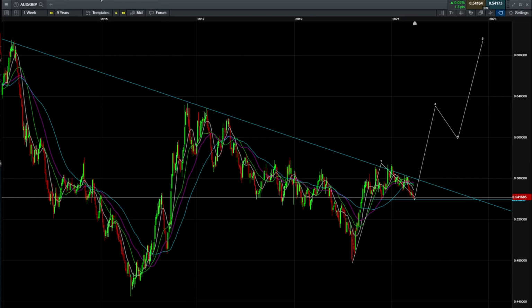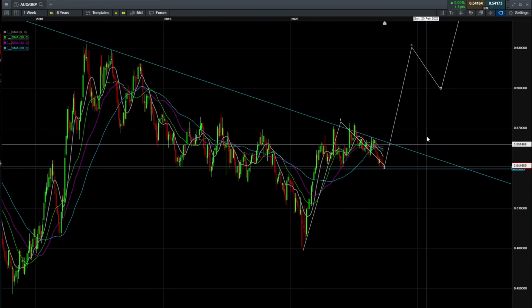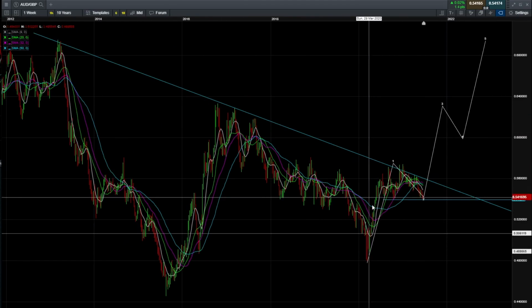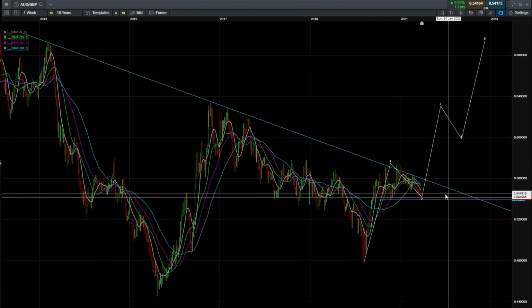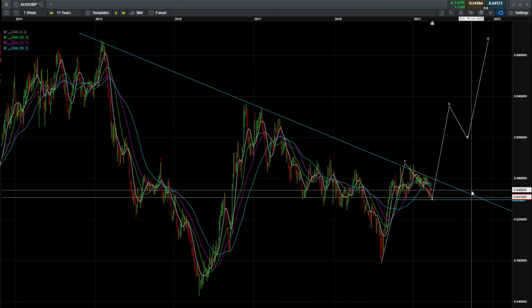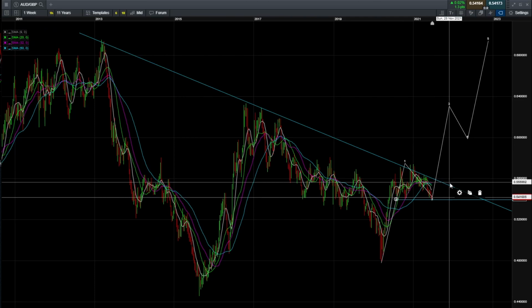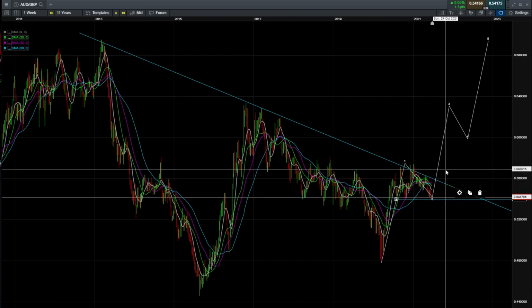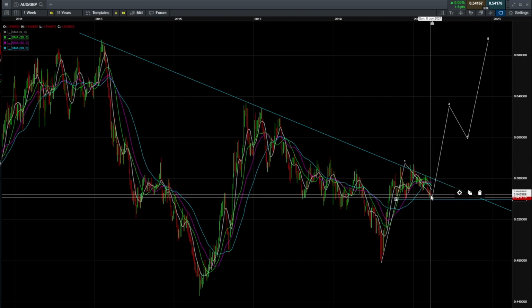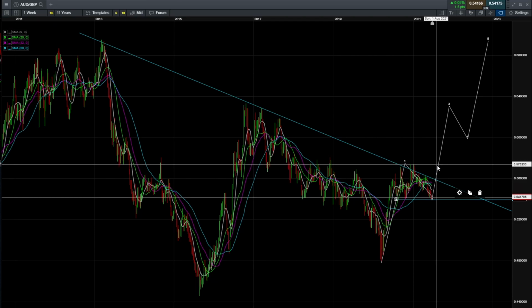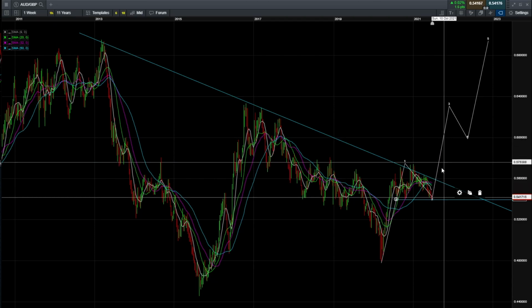Going out to the weekly graph, what I'm expecting is this wave structure here playing out, and keeping in mind we've got this downward sloping trend line. So when that is broken, that will also trigger a buy signal, a breakout of the trend line, a retest, going to make a new high.